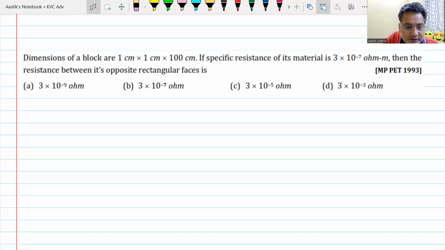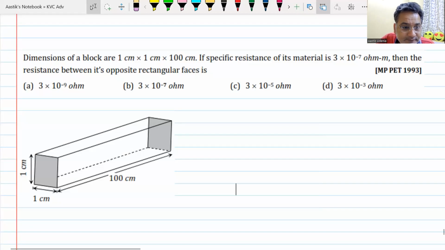If I talk about the rectangular faces, this has two faces which are square faces and the rest four are rectangular. Do we see this? Yes or no?